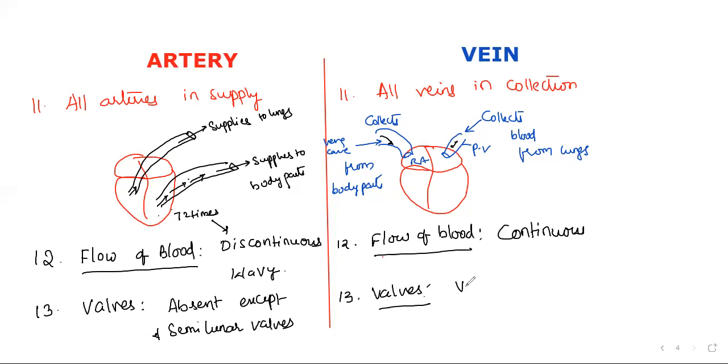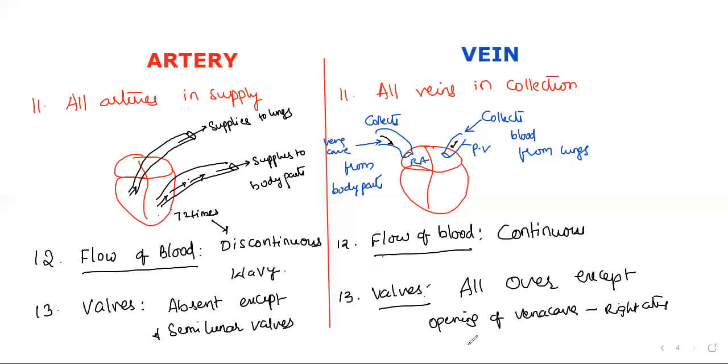Yeah, veins have valves all over the vessel except at the opening of the vena cava into the right atria. You don't have valves there. Also the opening of the pulmonary veins into the left atria.